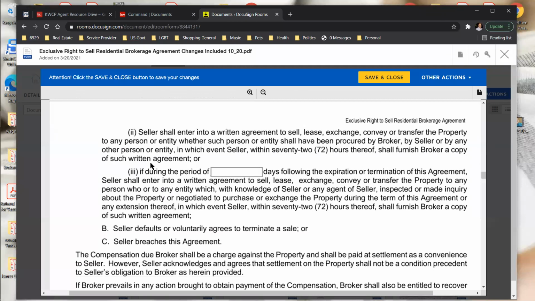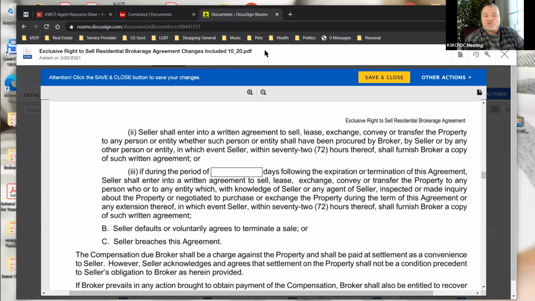I have a question about, I think it's section 3 here, the one we just covered. The blank box where it says the time frame or the time period, is there a rule of thumb on what we should put there? Yeah, different people put different things. Typically, I have usually put in 30 days, but different people have different ideas about that.